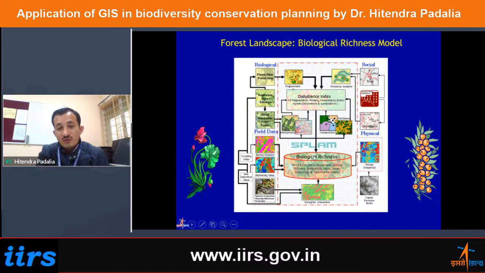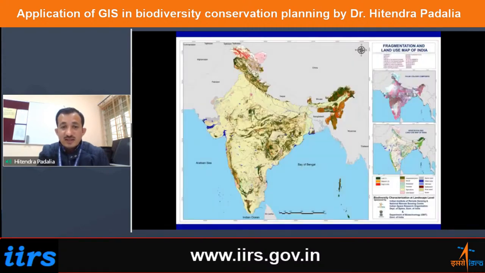It's up to you how you hypothesize the generation of this biological richness. You can add other aspects also, but in this particular project, this is what has been done. Based on that, different intermediate maps have been generated. This is the disturbance map. The first one is the fragmentation status of the different vegetation types across the country.